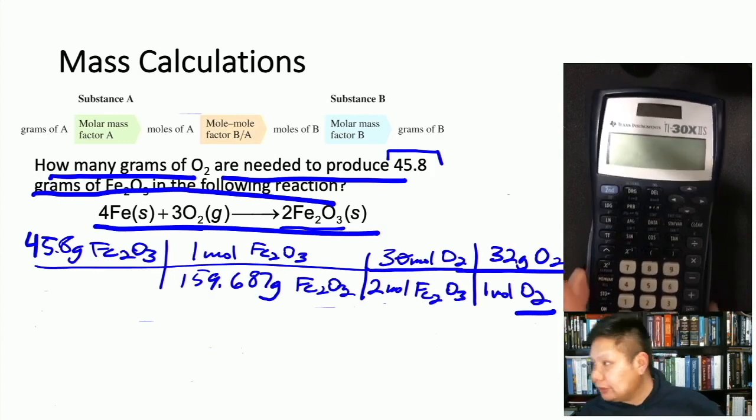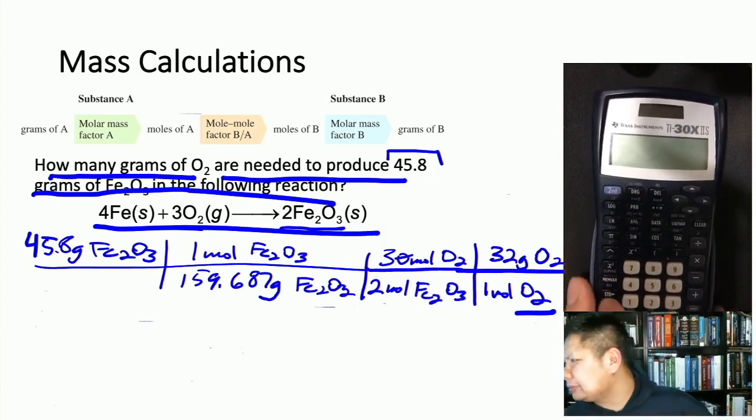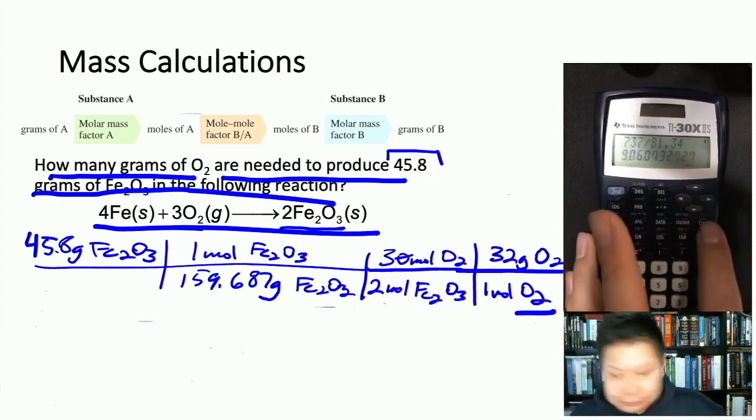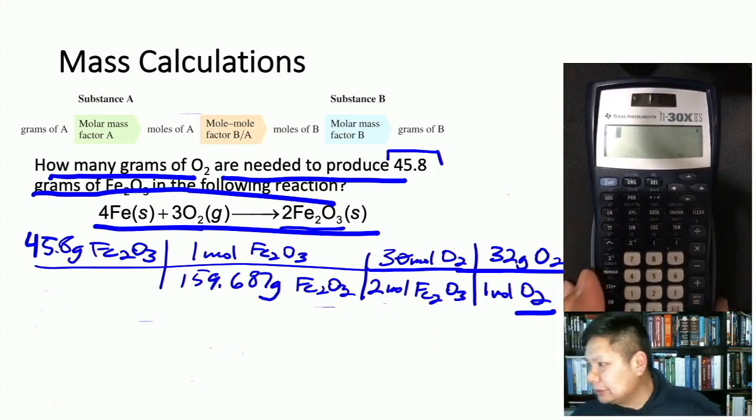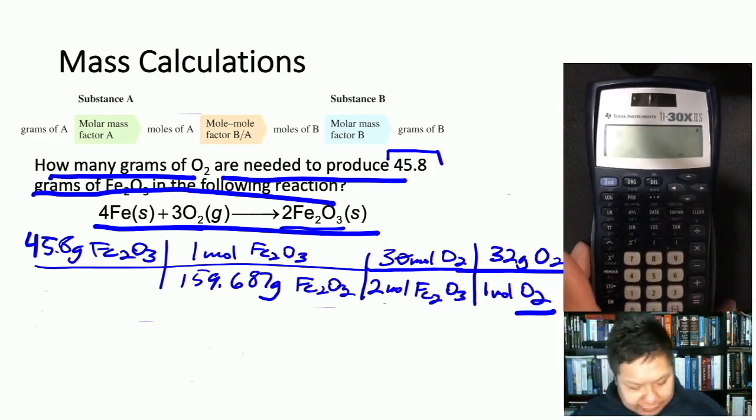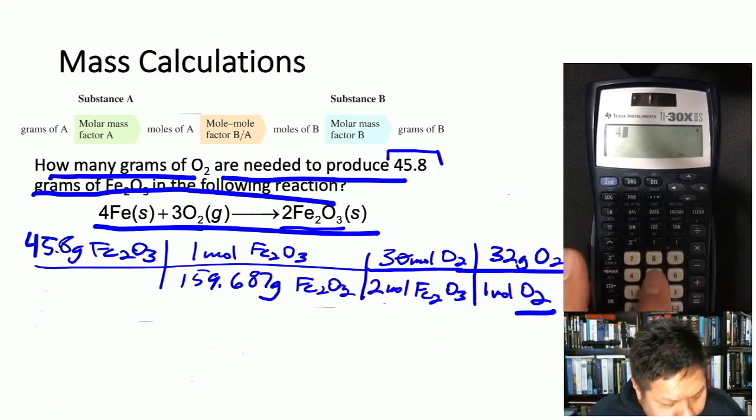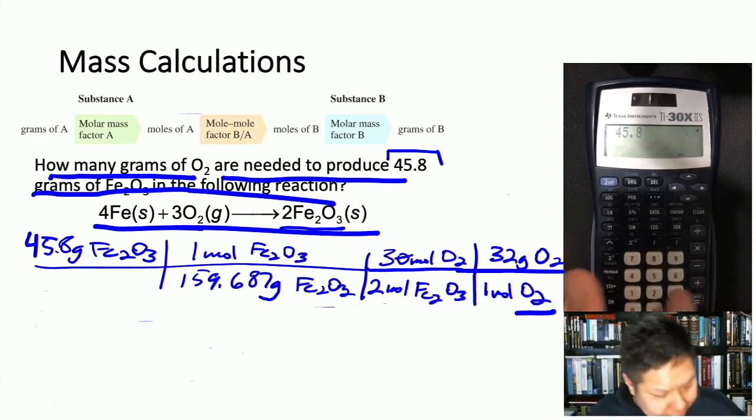So let's do this on the calculator real quick. Maybe there was a reason why I had this calculator view up. I think I forgot to do that in the last slide, but that's okay. We're doing it this time. So let's multiply across: 45.8, right?